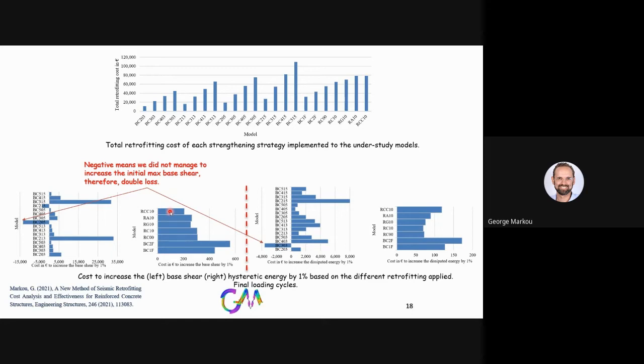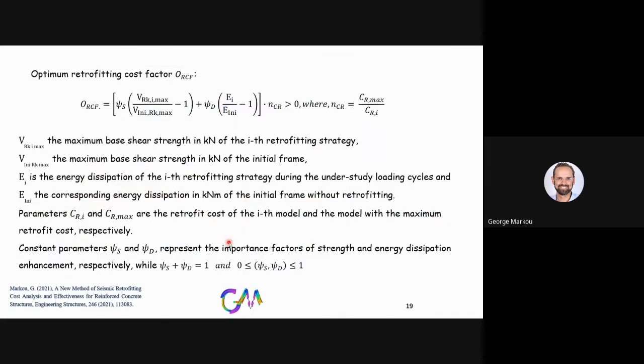This means during the preparatory cycles, we have the development of an increased behavior, let's say an increased base shear for the retrofitted structures, but due to the redistribution and the mitigation of the damages, we end up having cases like the BC205, the BC215, and this BC303, where during the final cycles, the overall mechanical behavior of the structure was found to be lower compared to the initial framing system. So that was a very interesting finding from this research work.